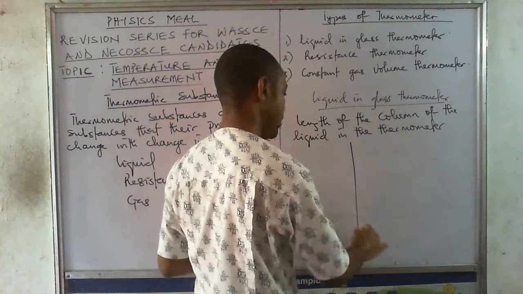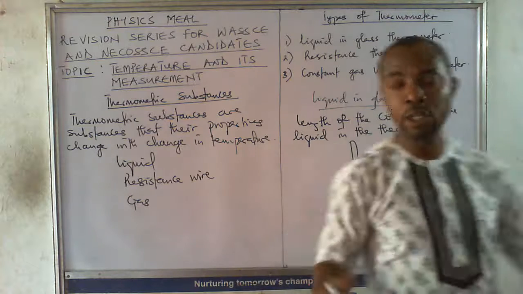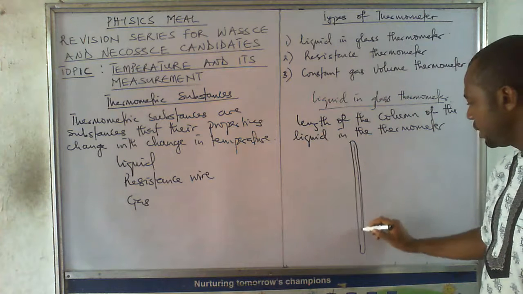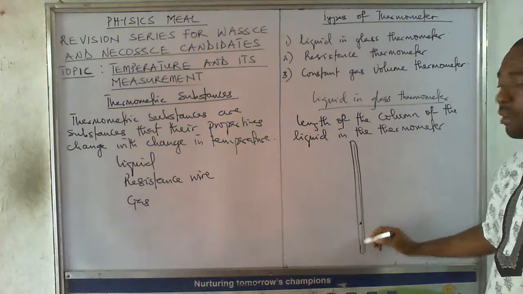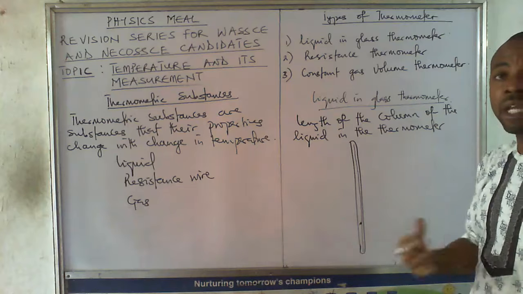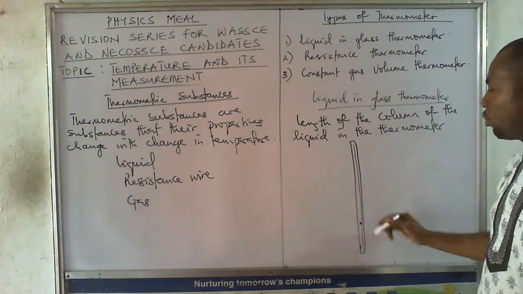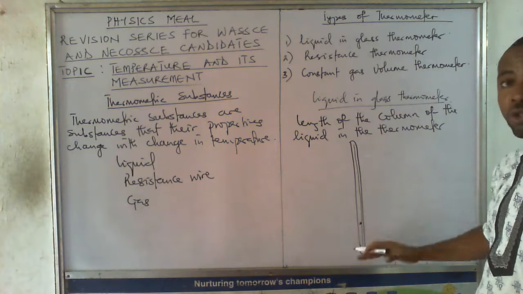So if you have a thermometer, there is a liquid inside. There's another tube here, a capillary tube inside. It is the rise and the fall of the liquid that we can use in the measurement of what? Temperature. So when temperature changes, the level of the liquid will also do what? Change.